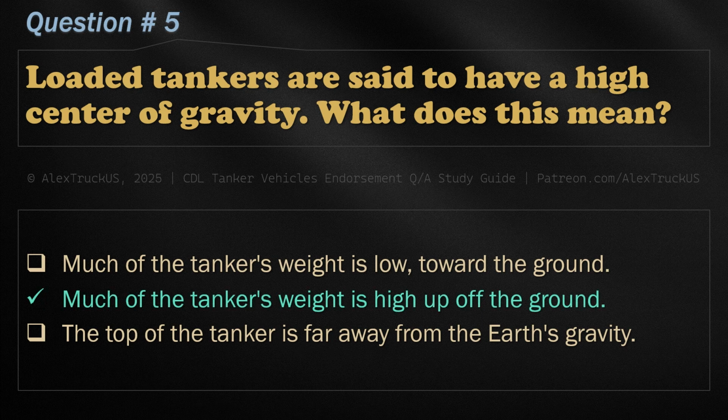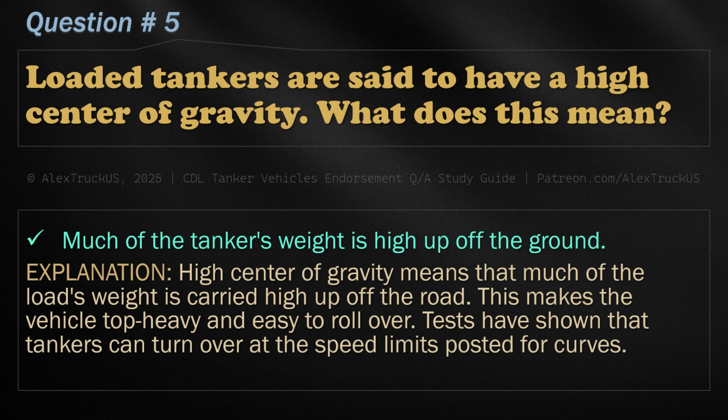Correct answer is much of the tanker's weight is high up off the ground. High center of gravity means that much of the load's weight is carried high up off the road. This makes the vehicle top-heavy and easy to roll over. Tests have shown that tankers can turn over at the speed limits posted for curves.